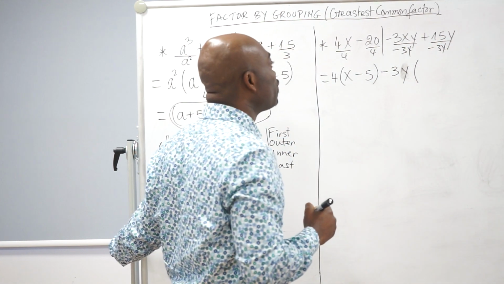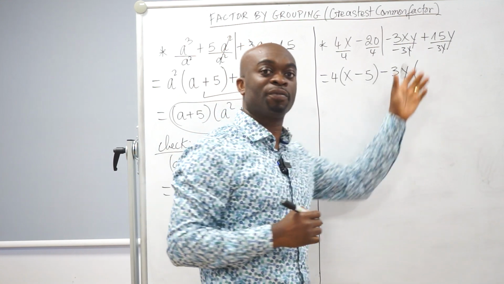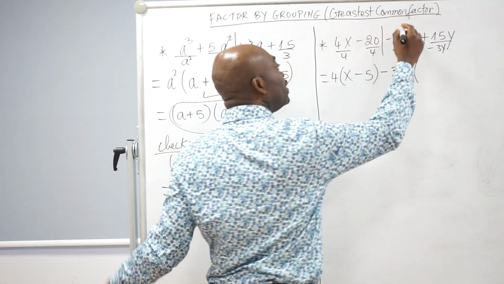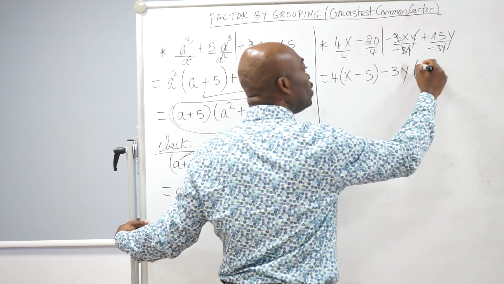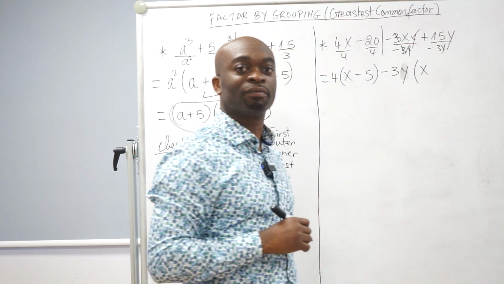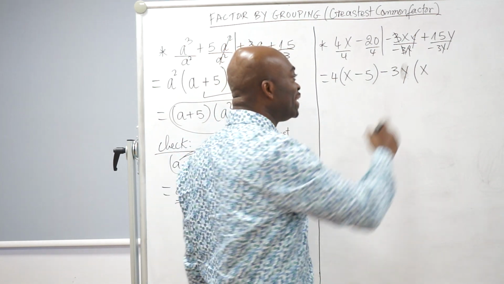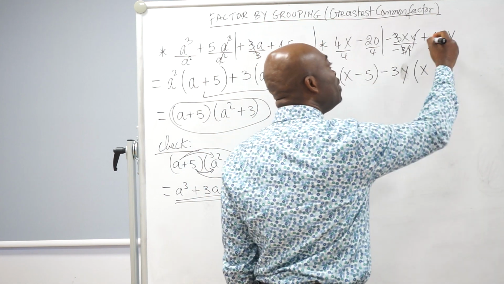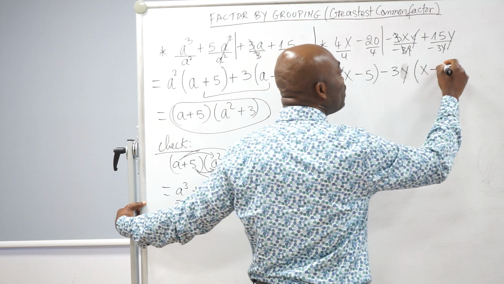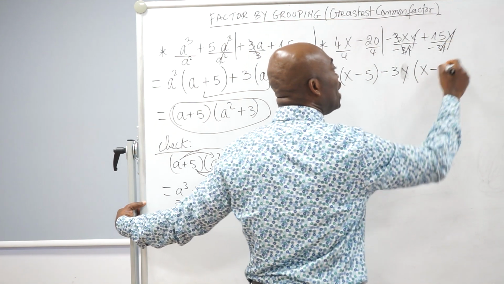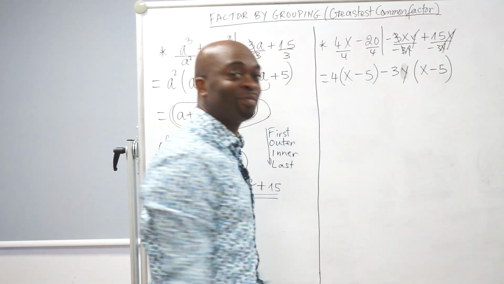So what's going to be left from the first term here? Negative 3 out, y out, only x left. We good? And then you go for the second term here. Positive 15 divided by negative 3 is going to give us what? Negative 5.